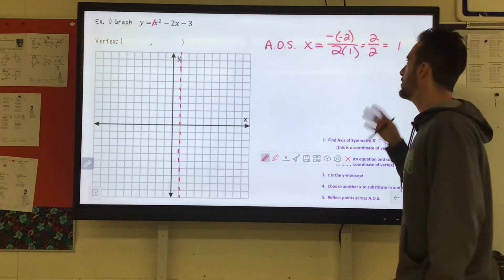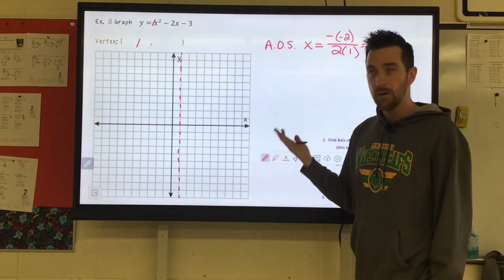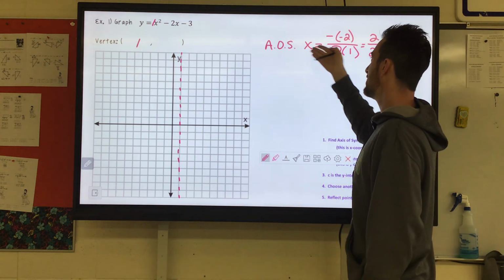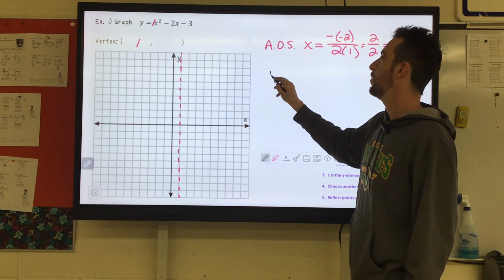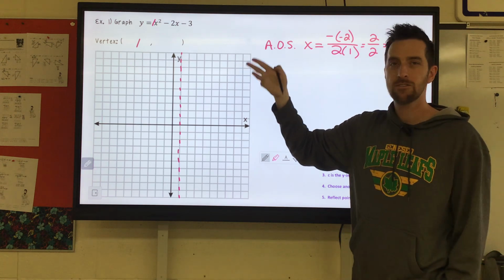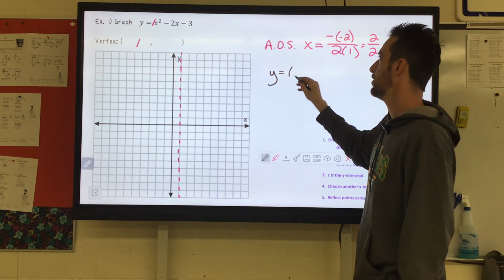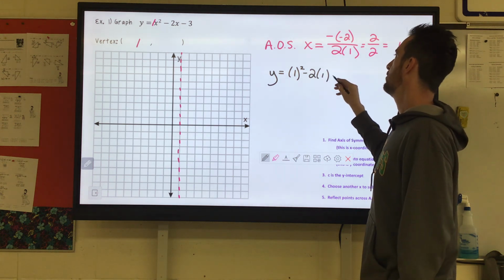Now, this is also the x-coordinate of our vertex, 1. So how do you find the y-coordinate? You take this x, it says x equals 1, and put that back into the equation. So y equals, and any time I see an x, I put a 1. So it'd be 1 squared minus 2 times 1 minus 3.